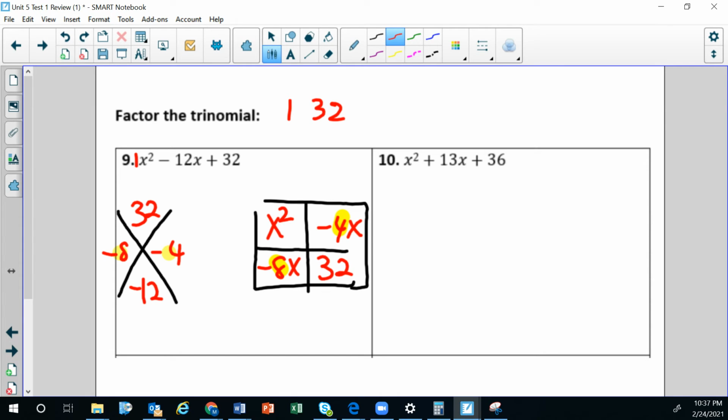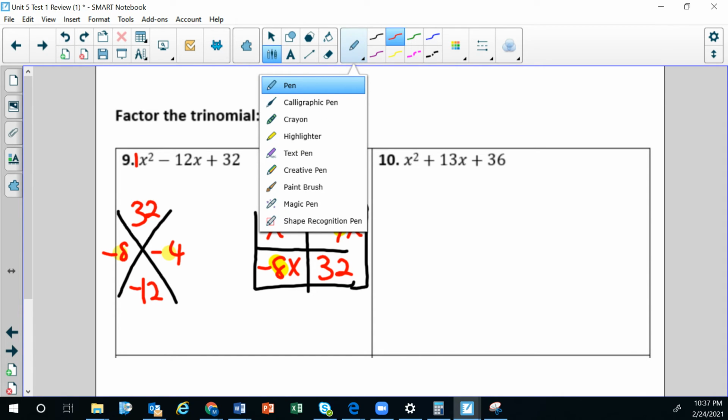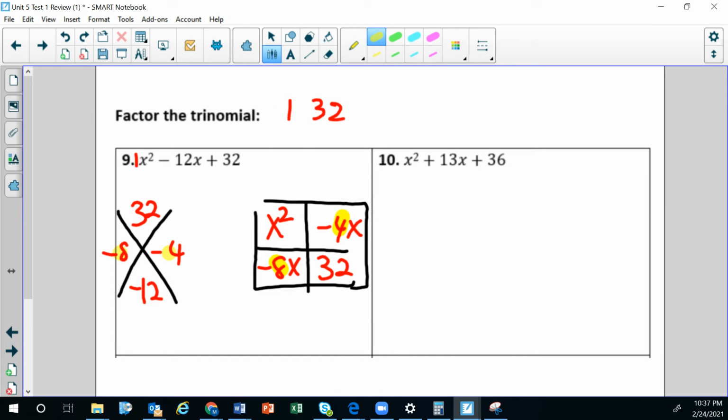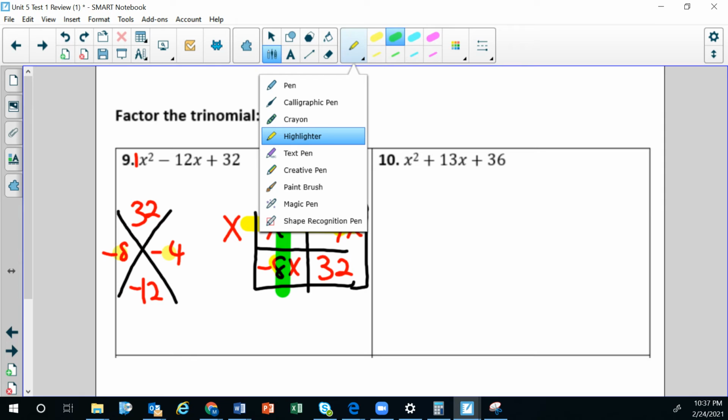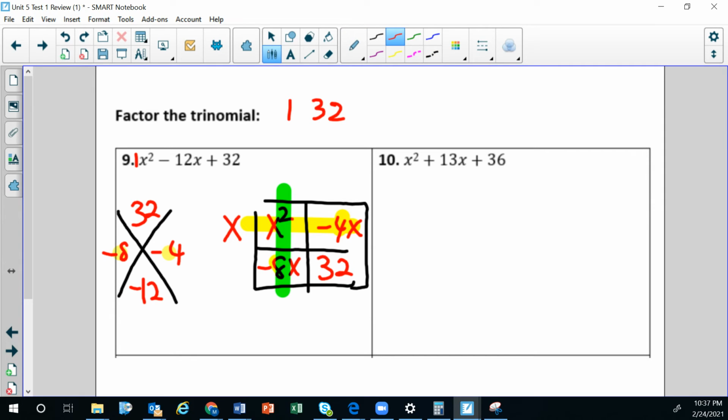Okay. And so by now you should know to do this part right here. If you look at the first row, the common factor for the first row is just x. And then if you look at the column, that common factor right there is just x.